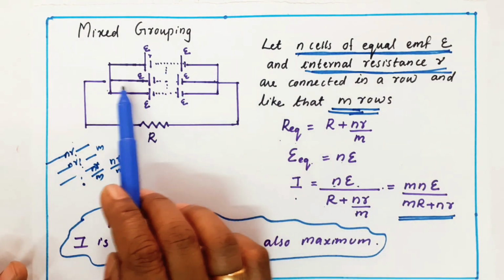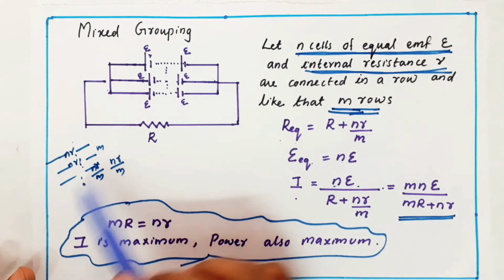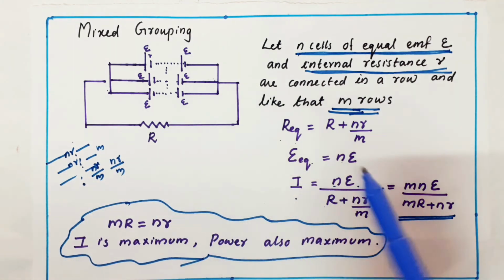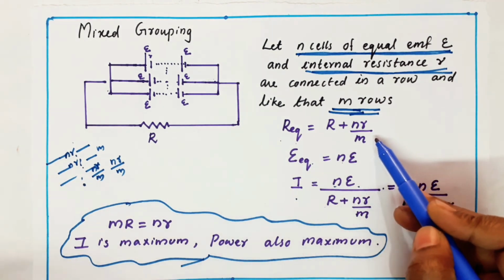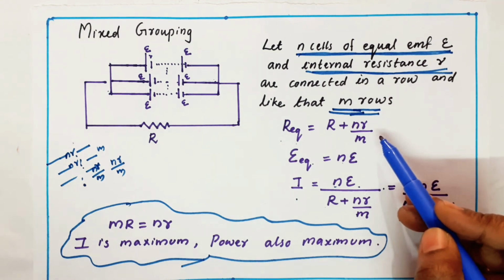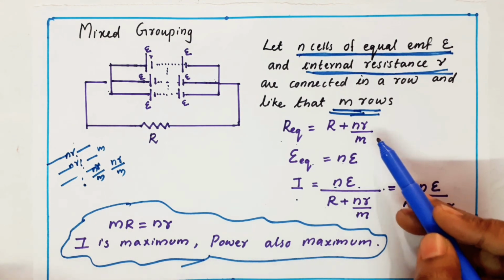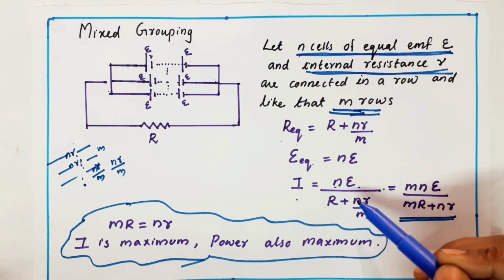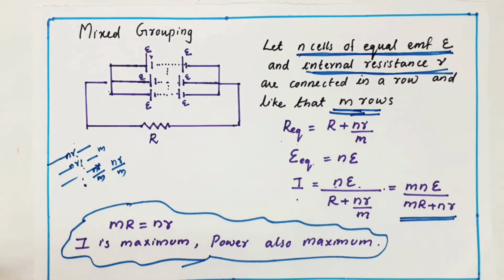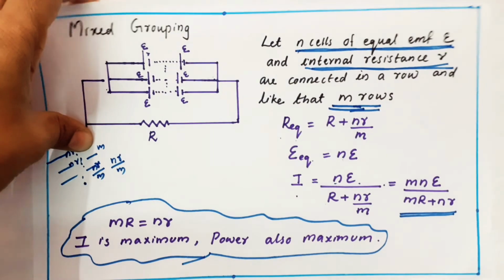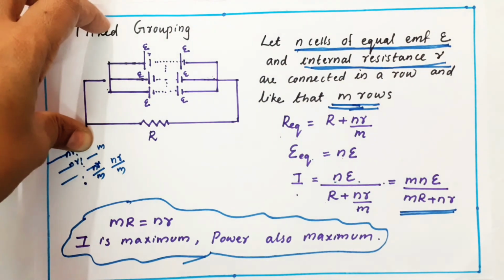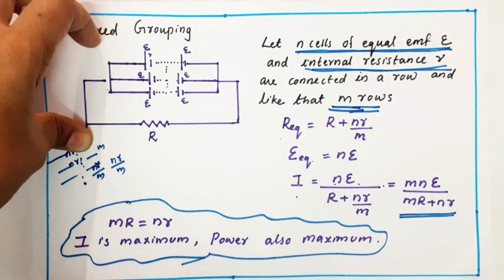For each row it is nR, and m rows are there, so it will be nR by m. So the total resistance will be R plus nR by m. Therefore the current is equal to nE by (R plus nR by m). In this case the current is maximum when the power also will be maximum.